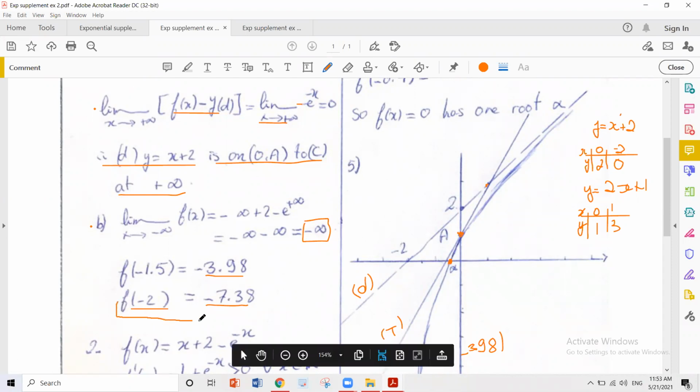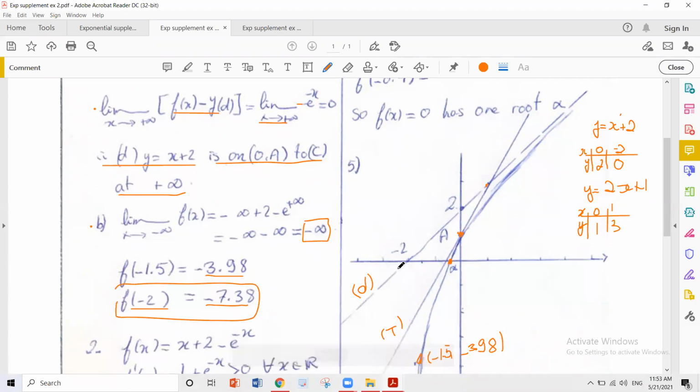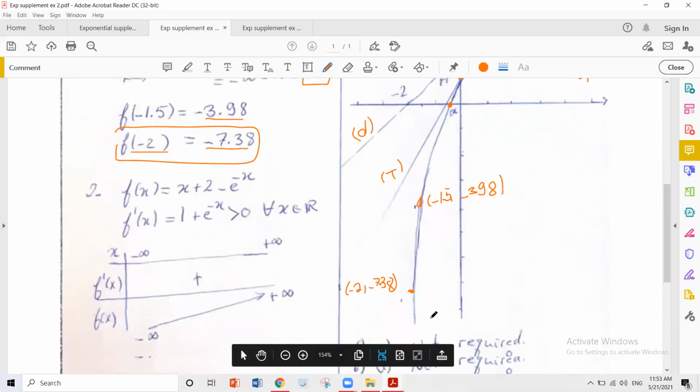We have calculated f of -2. We get -7.38 here. You locate the point -2, -7.38. This is the point -2, -7.38.